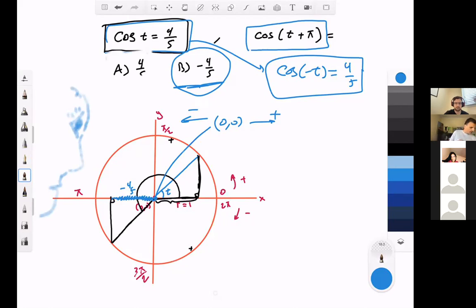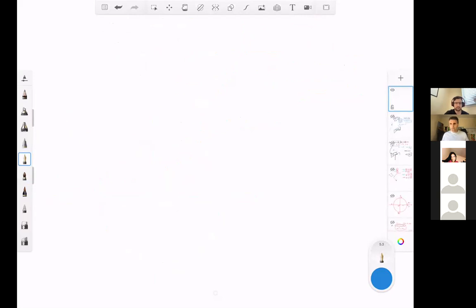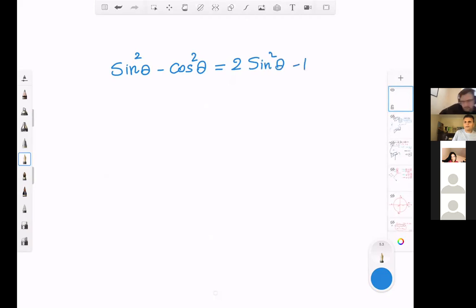Let's have another type of question. Sine square of theta minus cosine square of theta equal to 2 sine square theta minus 1.